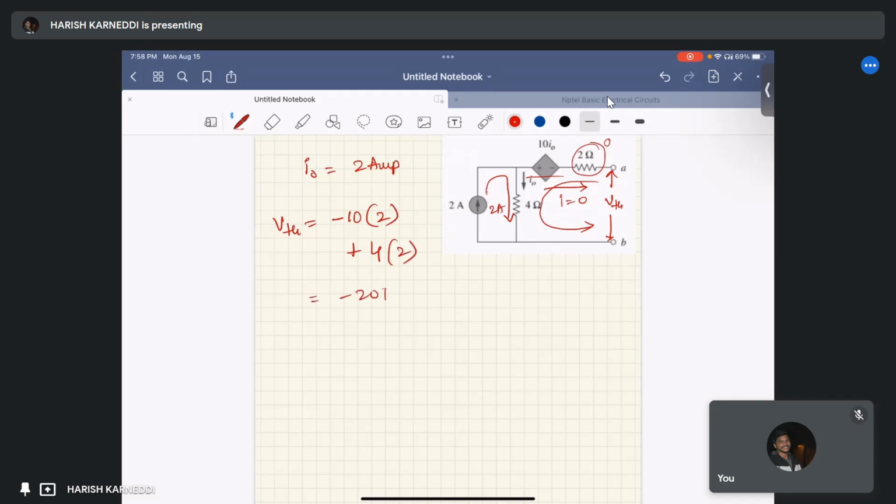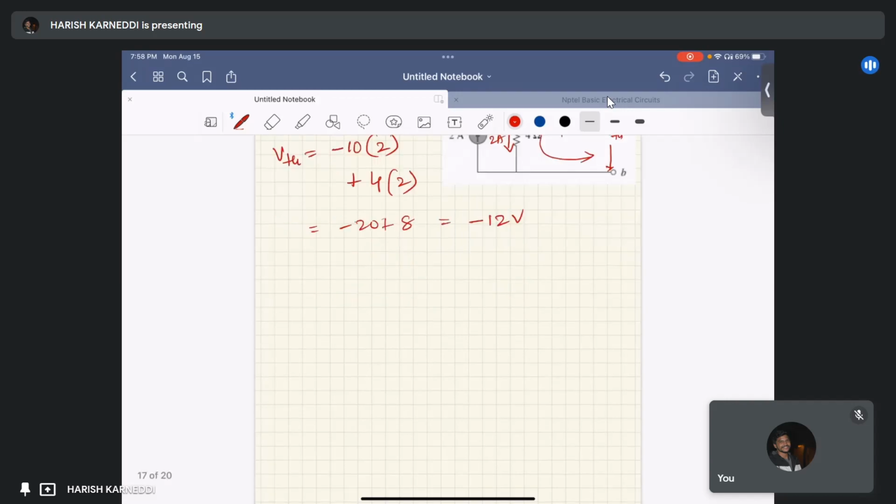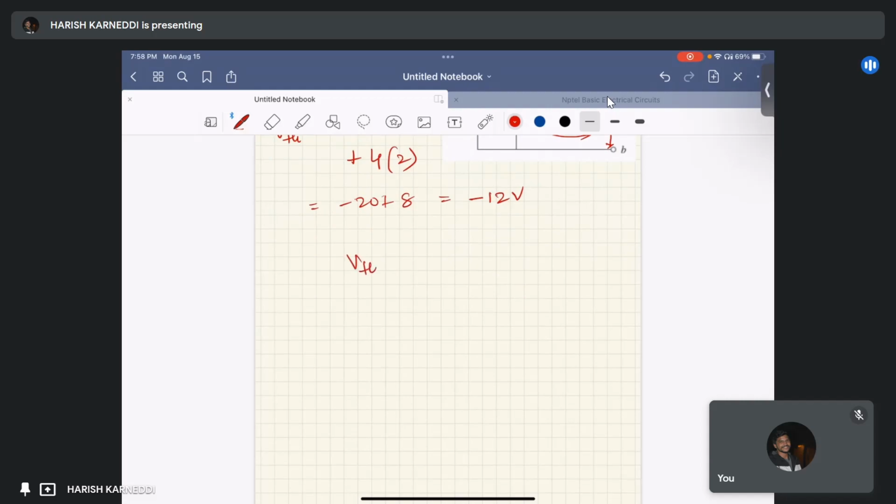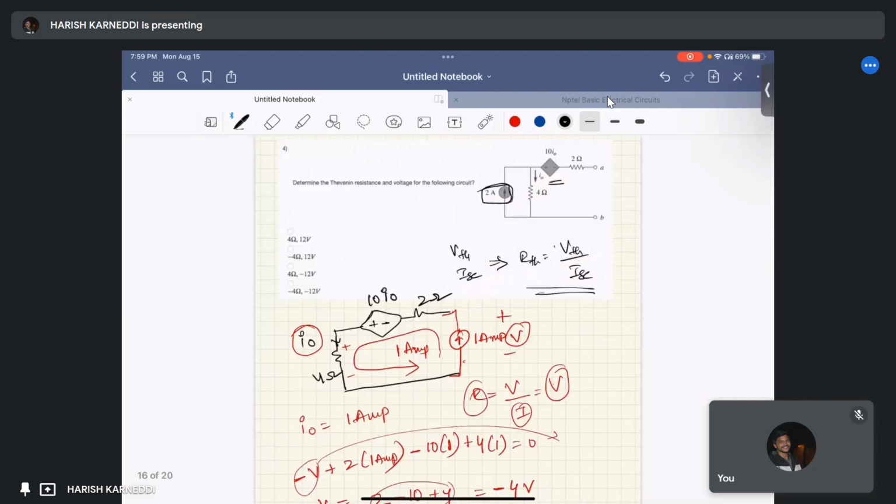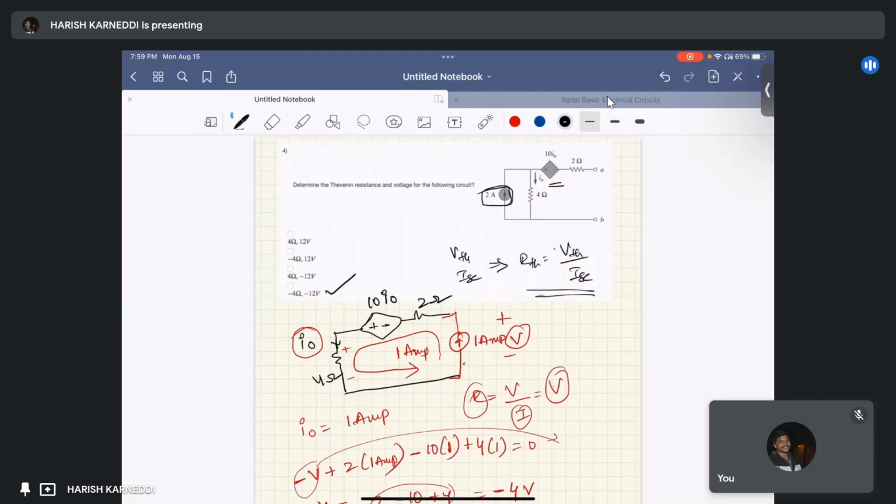Minus 20 plus 4 into 2 is 8, equals minus 12 volts. That is, VTH equals minus 12 volts and RTH equals minus 4 ohms. This is option D.